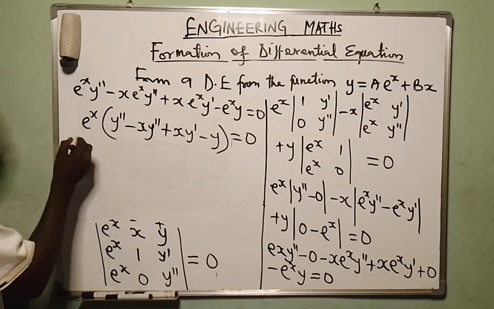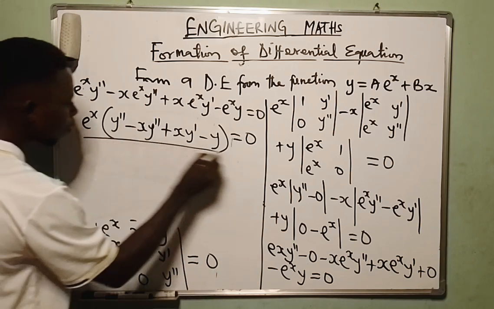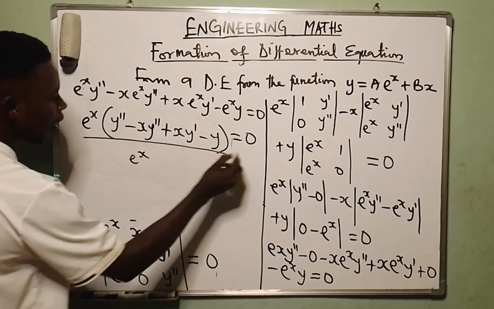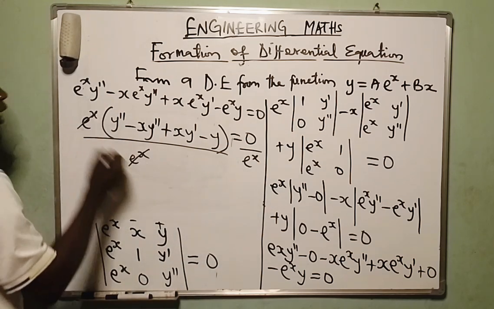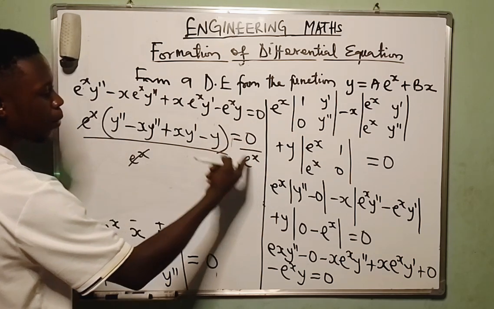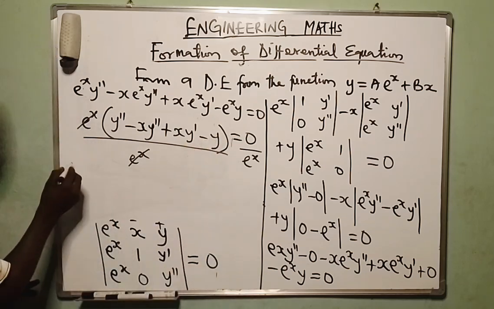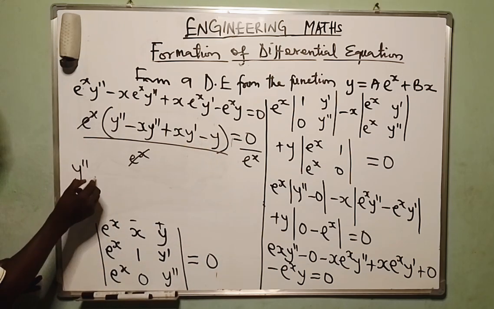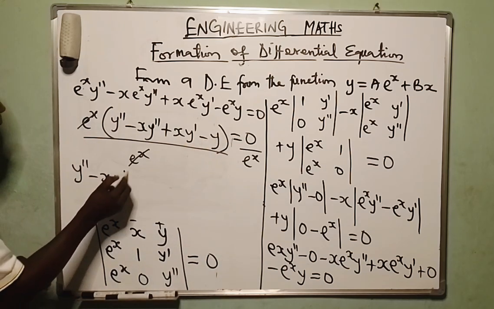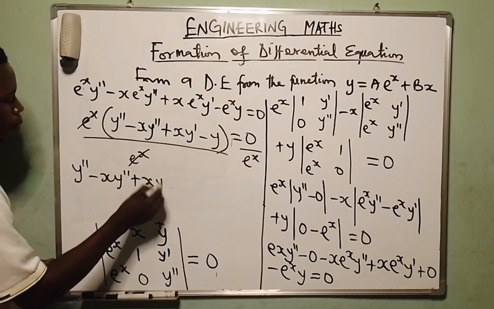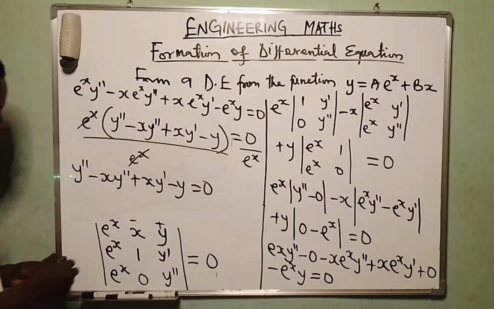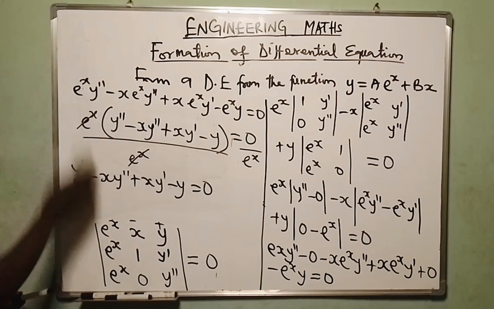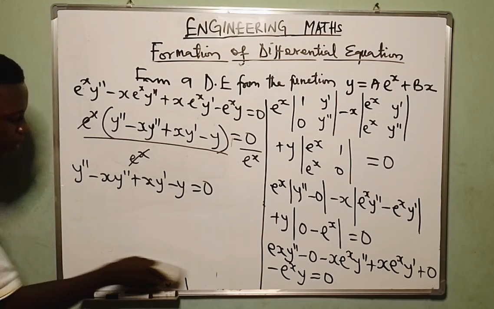And then when you divide both sides by exponential x, exponential x will cancel, and 0 divided by any number will still give us 0. Therefore we have that y prime prime minus x y prime prime plus x y prime minus y equals 0. So this is the solution of our differential equation.